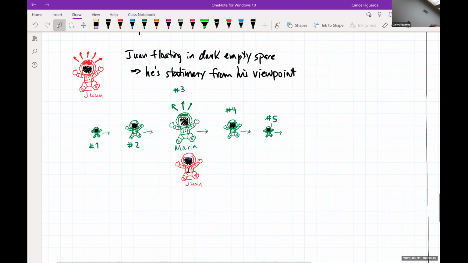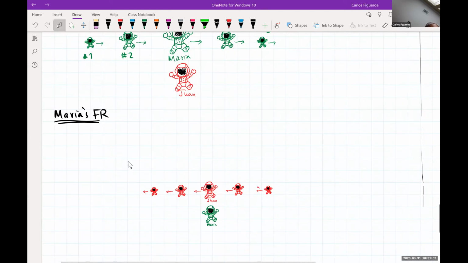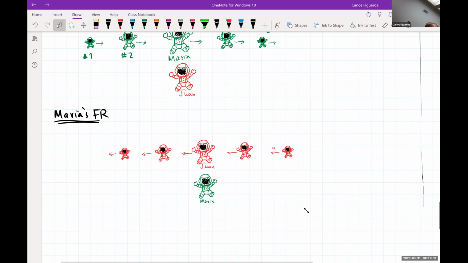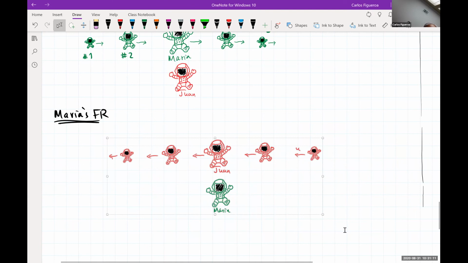So if I was to go from Maria's viewpoint, or Maria's frame of reference, according to Galilean relativity, the exact same situation happens, but in reverse. Maria cannot do a single experiment to determine that she is at rest or moving at constant velocity.